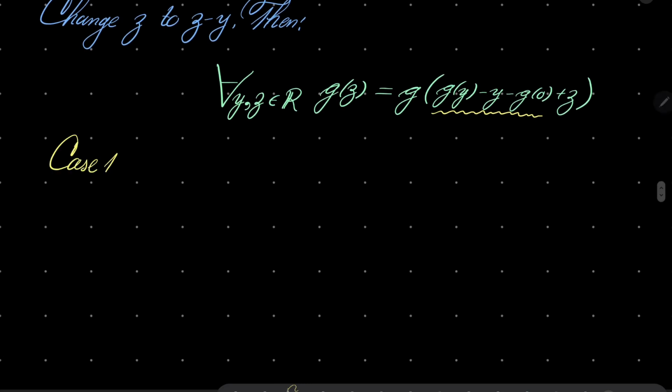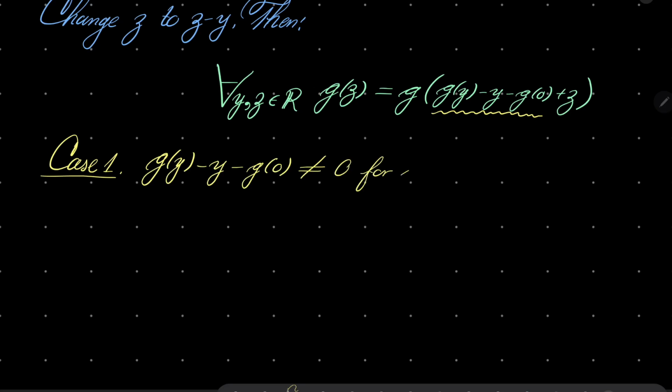Case number one: g(y) minus g(0) is not 0 for some real number y. But notice that means that our function g is periodic, because this number can be called t, and we have g(z) equals g(z + t).